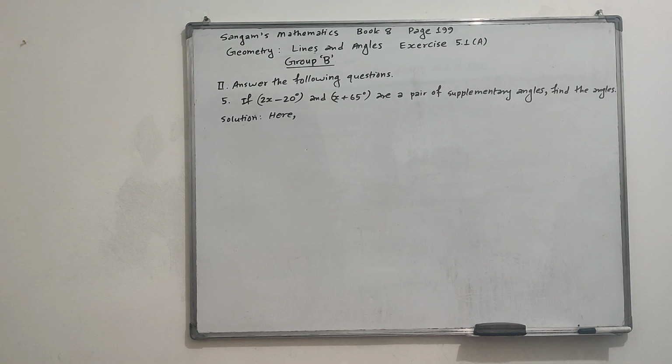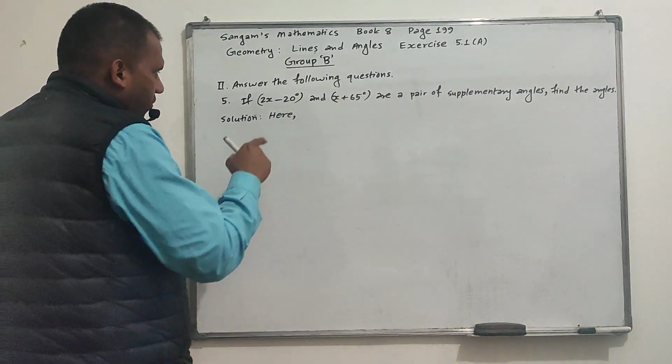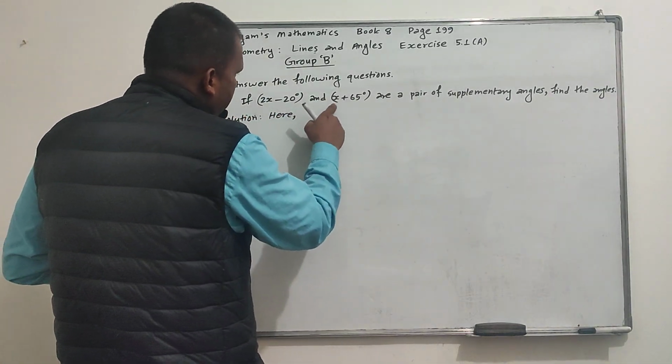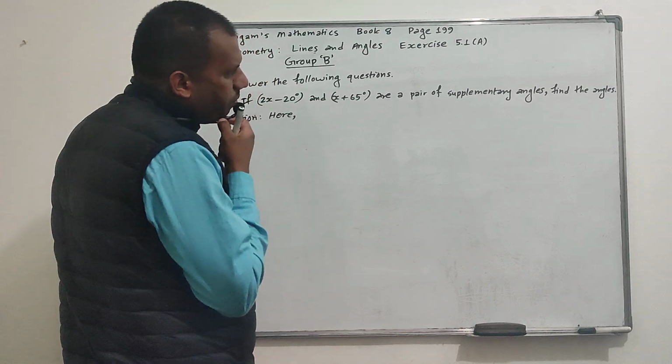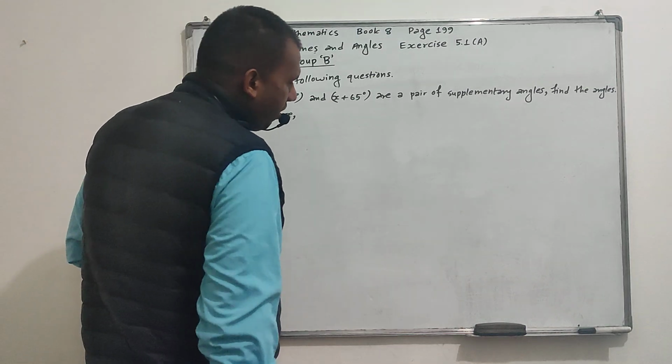Okay students, now question number 5. If 2x minus 20 degrees and x plus 65 degrees are a pair of supplementary angles, find the angles.